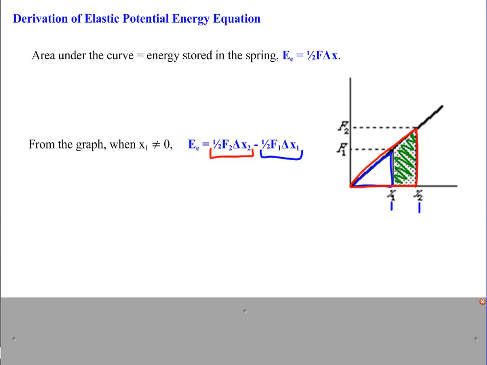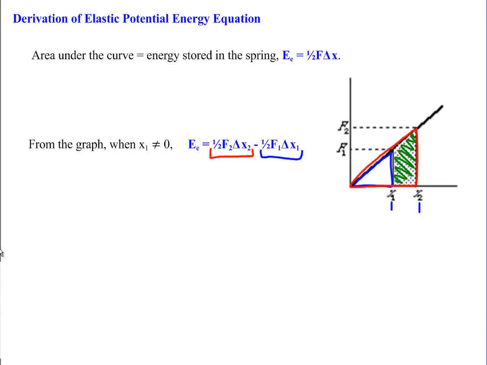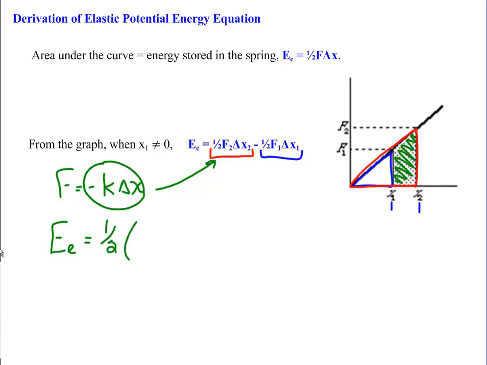There's got to be an easier way. Well, there is, fortunately for us. We found that force equals negative K delta X. So if I take this and I substitute in for force in each case, I'll get something a little bit different. So I get elastic potential energy equals 1/2 negative K delta X2 times delta X2 minus 1/2 K delta X1 times delta X1.